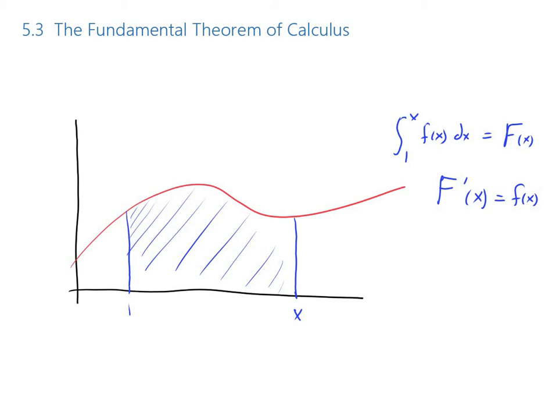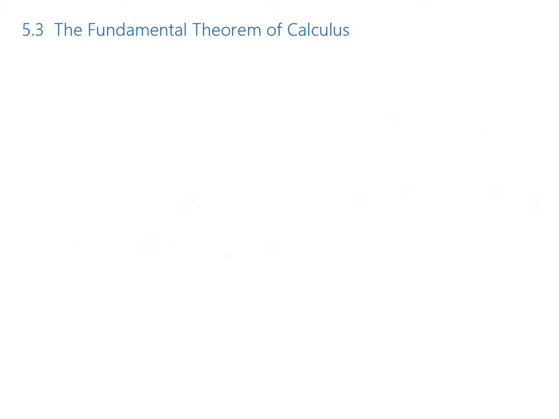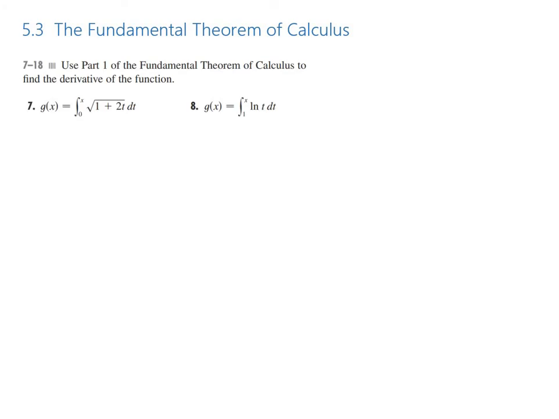So let me start off just by looking at an example. Let's get rid of this. Let's look at an example straight from the 5.3 homework. I'll take a look at number 8 here, which just says, use part 1 of the fundamental theorem of calculus, which we haven't even defined yet, to find the derivative of this function.